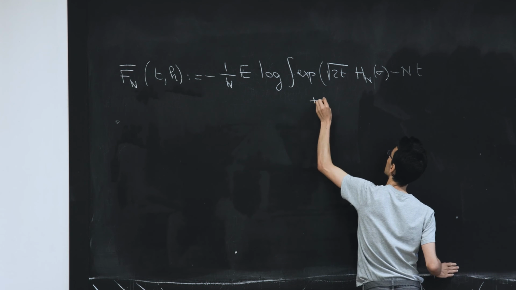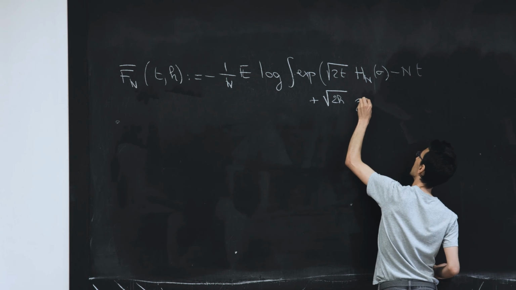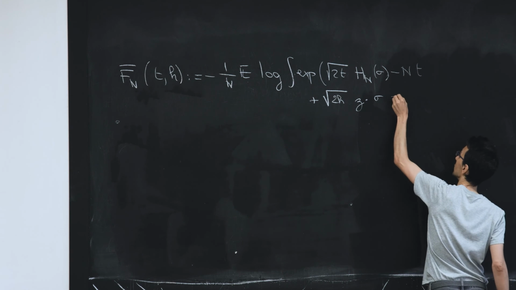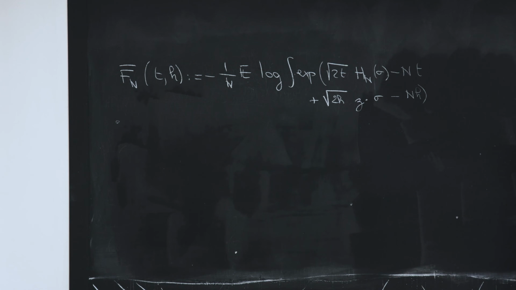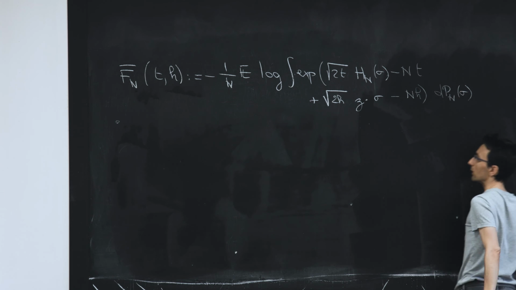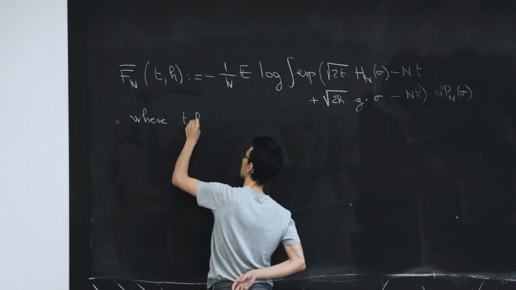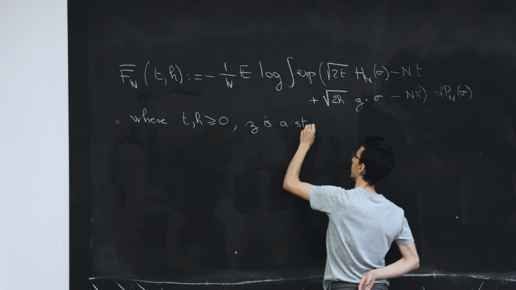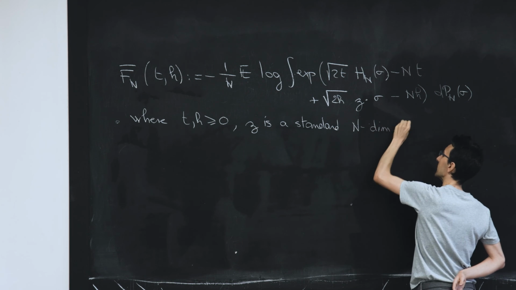And then I add also my new part, square root of 2h z dot sigma, where z is a Gaussian vector. And you know, I like to do these compensation things, so I keep doing them. I subtract n times h, dPn of sigma. Okay, where z, maybe I should have said earlier, so t and h are non-negative, and z is a standard Gaussian vector. Let's say n-dimensional Gaussian.